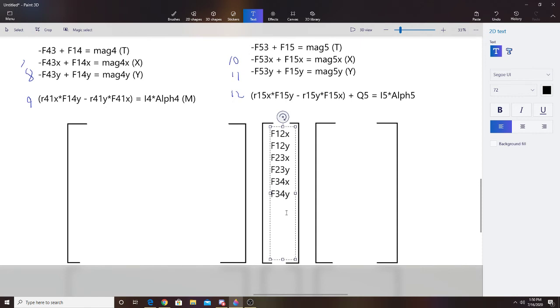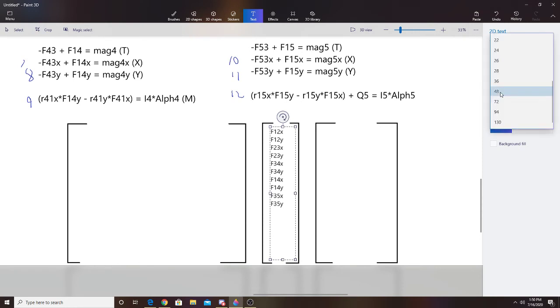So F34, F14x, F14y, and then we have F35x, F35y. Which is really lame because now it's barely going to take up the whole thing.